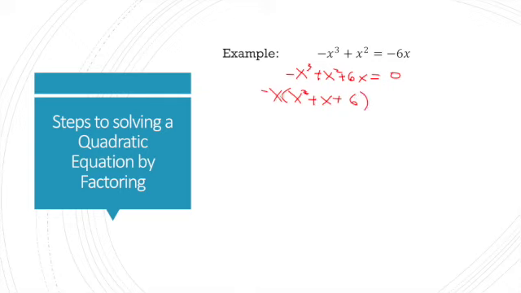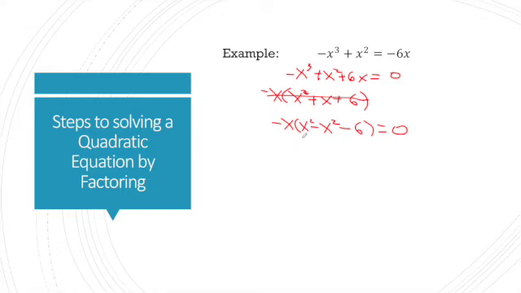But I made a tiny mistake here, because when I pull out the negative x, that's going to change the sign on this and the sign here. So let's ignore that line and rewrite it as negative x times x squared minus x minus 6 equals 0. That looks a lot better.